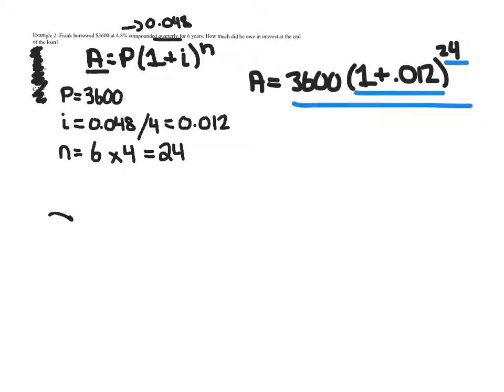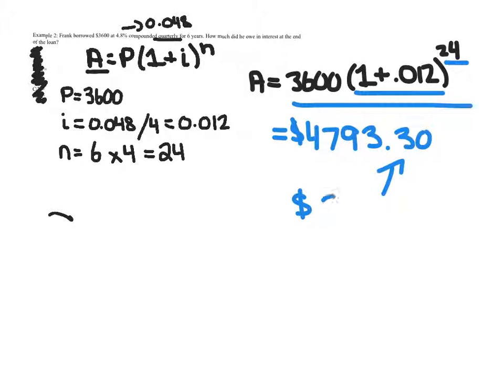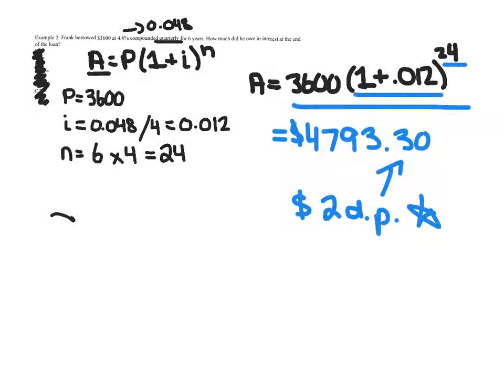When we do that, we get a value of $4,793.30. Because remember, money has 2 decimal places. Just a little reminder there as we get going.